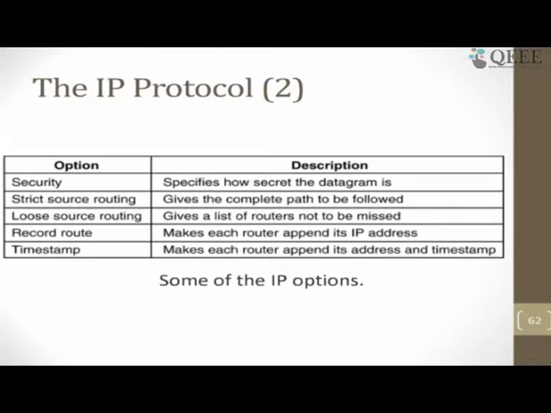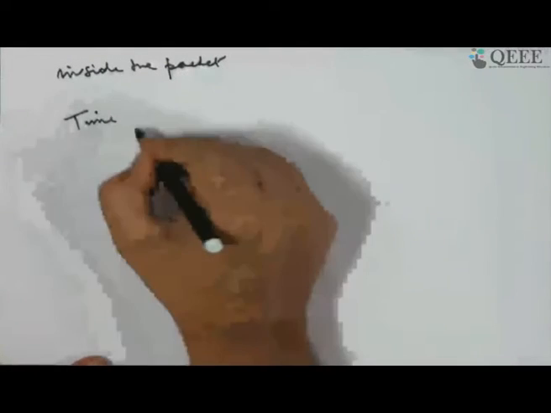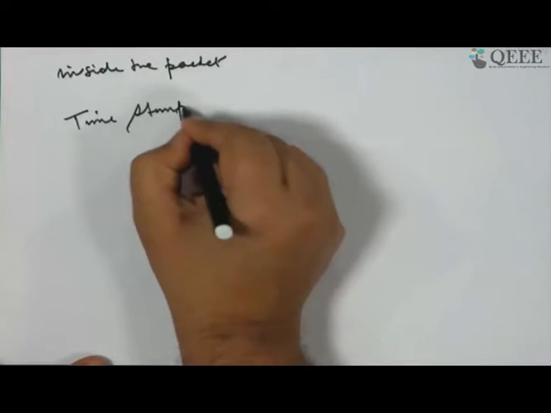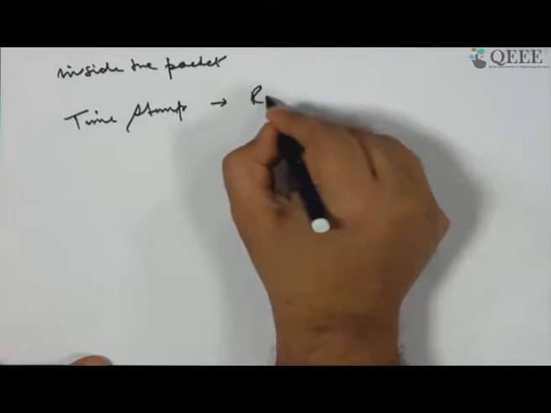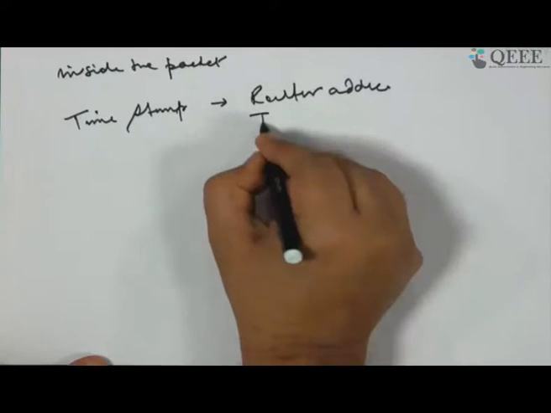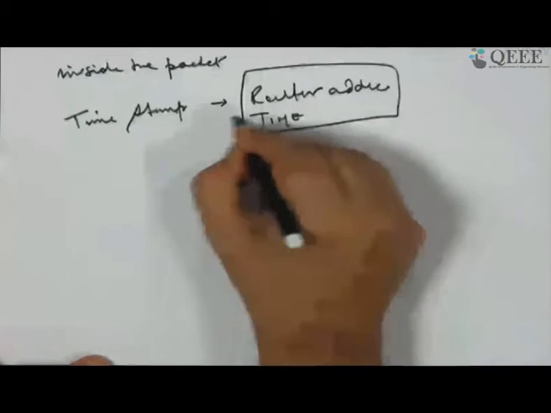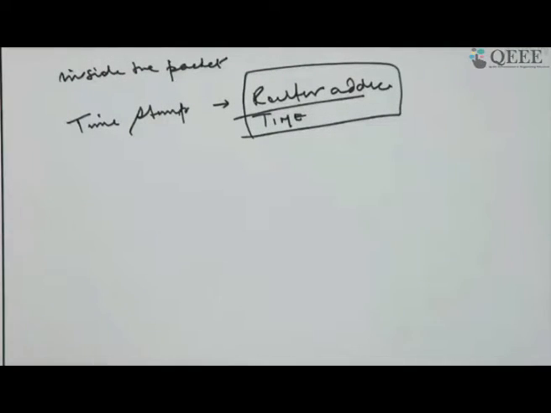Good. And timestamp is even better, that not only you put the router's address, but also the time when the address was accessed. So this is how the IP header works.